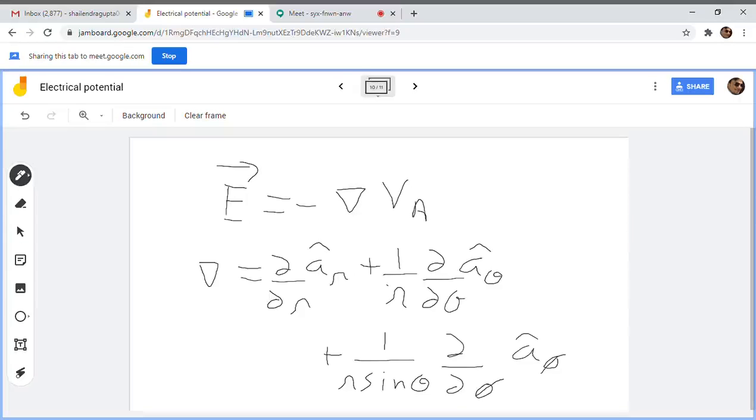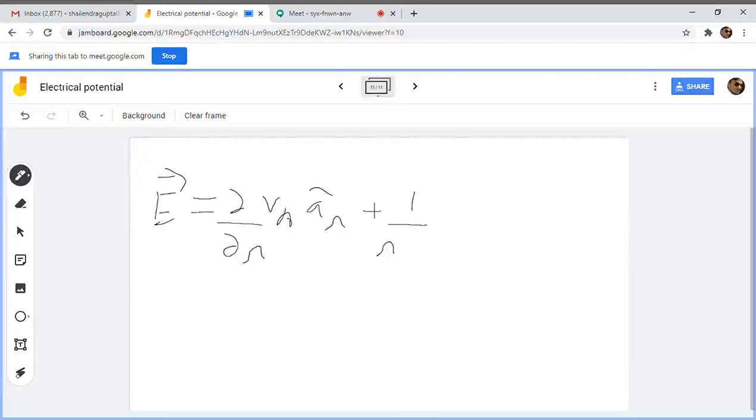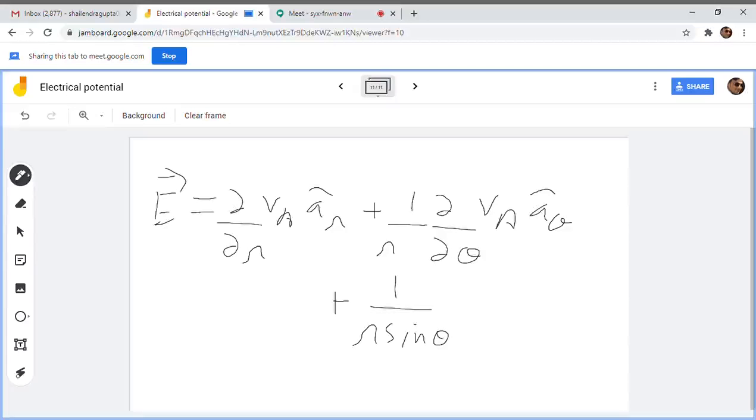So 1 upon r del by del theta of VA a theta, plus 1 by r sin theta del by del phi of VA a phi.